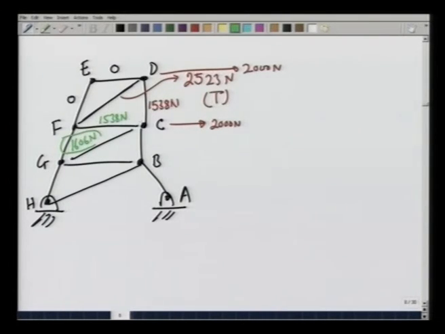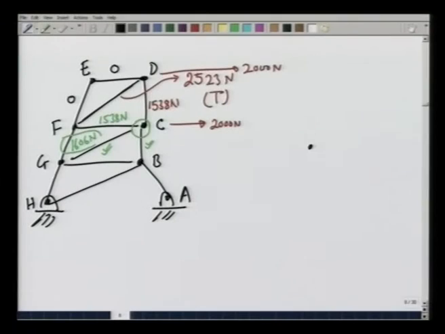Similarly, now I can go on. Now, you see, if I look at point C, the two forces 1538 and 1538 newtons are known here, and therefore, I can calculate Fcg and Fcb by balancing forces on point C. So, let us balance the forces on point C. On point C, there is a load of 2000 newtons acting this way. Fcf is a compressive force because it was pushing point F outwards. So, here also it pushes point C this way, 1538 newtons.